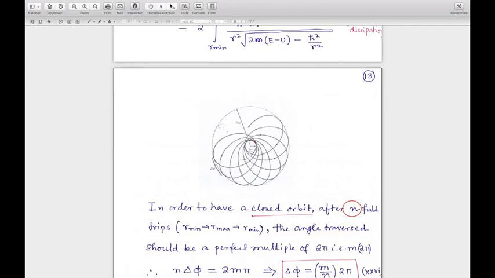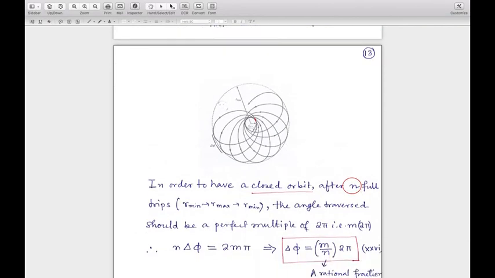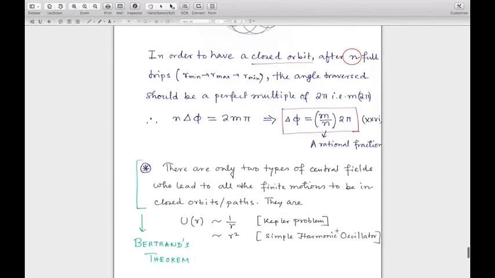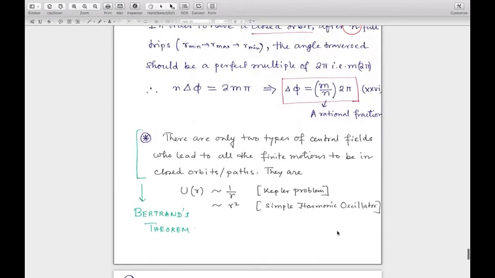Then by that time, more than one 2 pi angle is traversed over here, but this is only one trip. So that's why we have said that n full trips should be equal to m times 2 pi. Just think about this. Now, this is the condition for having a closed orbit.